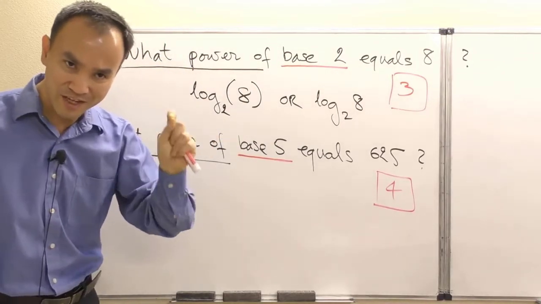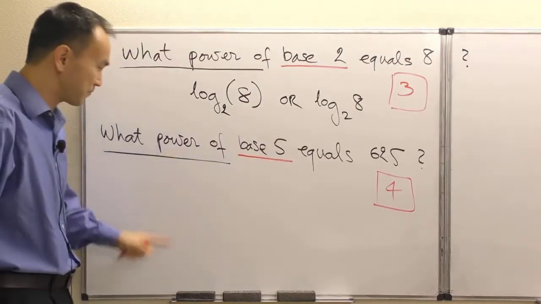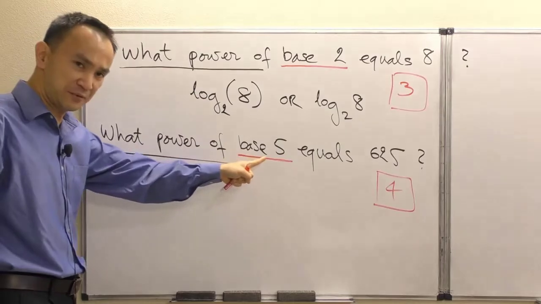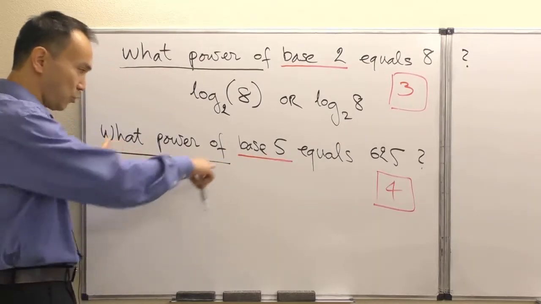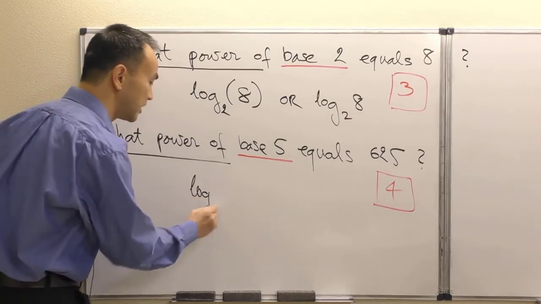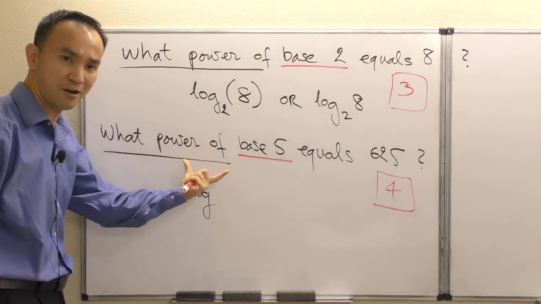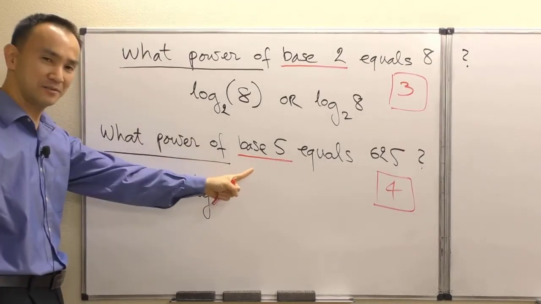Let's immediately apply our understanding, and it doesn't even need to be a formal example. What power of base 5? What power? That will immediately click my attention. I can conveniently use log as a symbol to say what power of base 5.